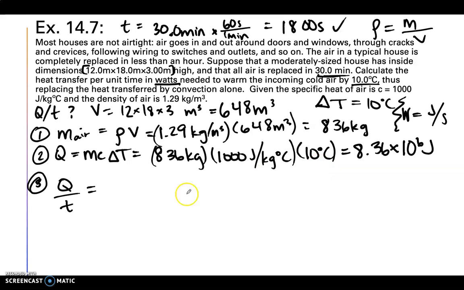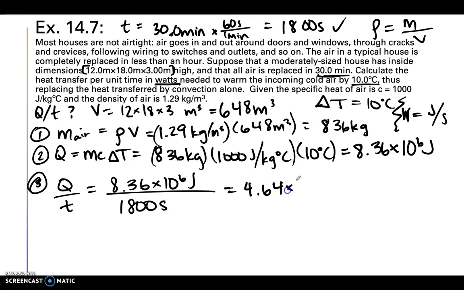All right, so we'll take our Q, which we just solved for, 8.36 times 10 to the 6 joules, and our time in seconds, 1800 seconds, and we get 4.64 times 10 to the third watts. We could also put this in kilowatts, so that would be 4.64 kilowatts. Okay? These are both correct. All right. So that's the rate at which the heat transfer is occurring.